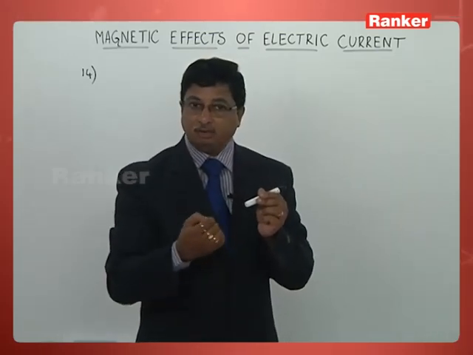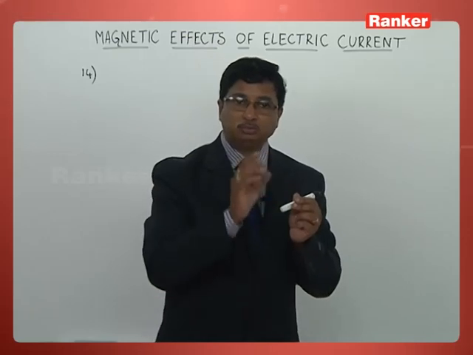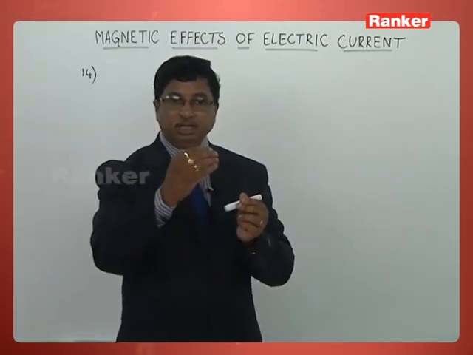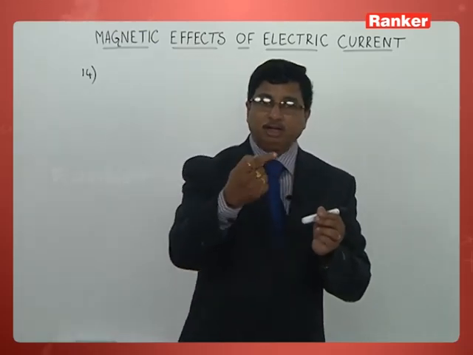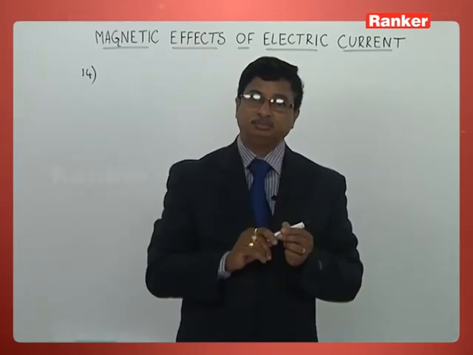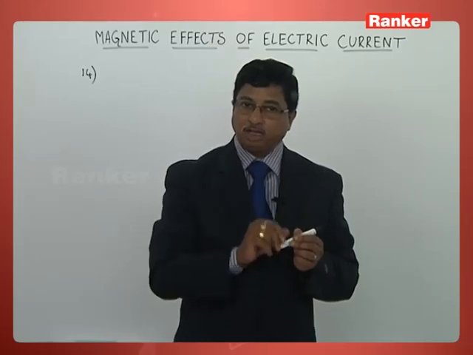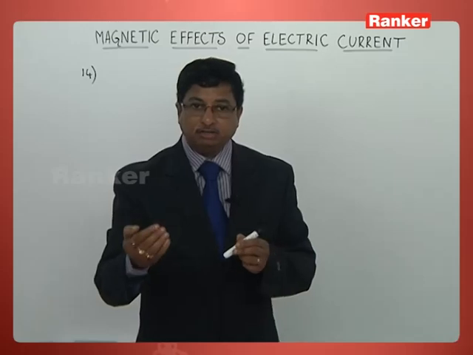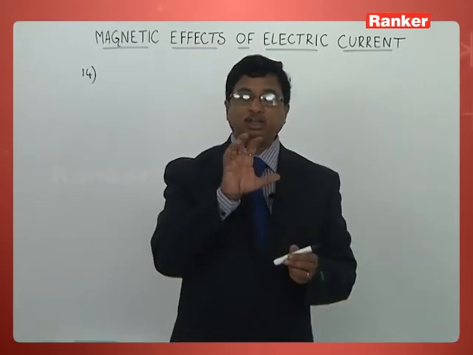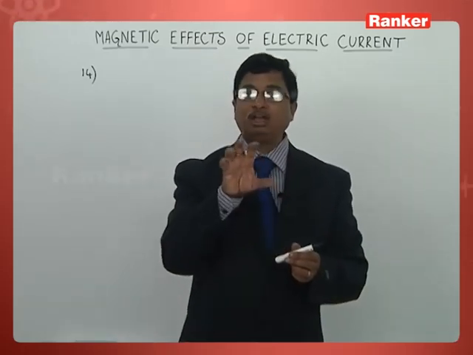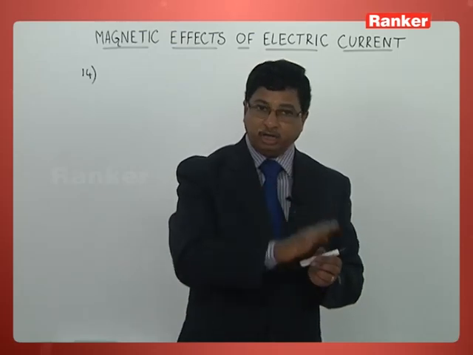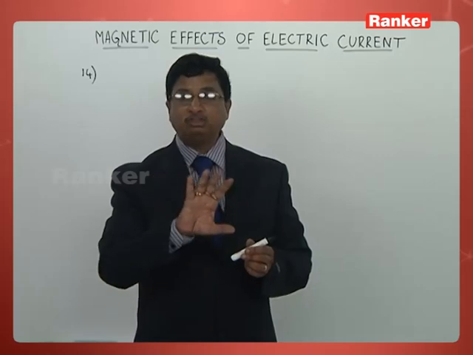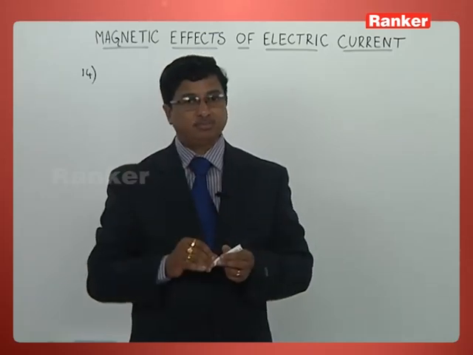And what is the next value given? A by 2. A being the radius of cross section, A by 2 is a point inside the conductor. So two things we have to take up here: one at a distance 2A and one at a distance A by 2. What is the ratio of the magnetic field at 2A distance and at A by 2 distance respectively? That is the question.